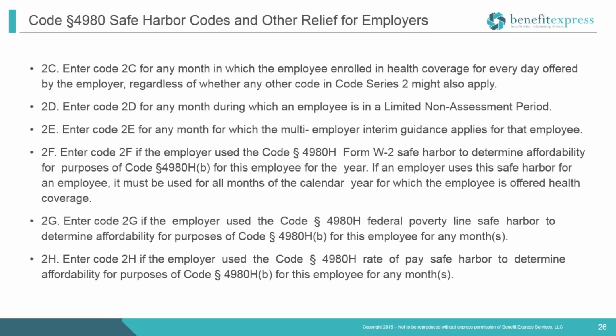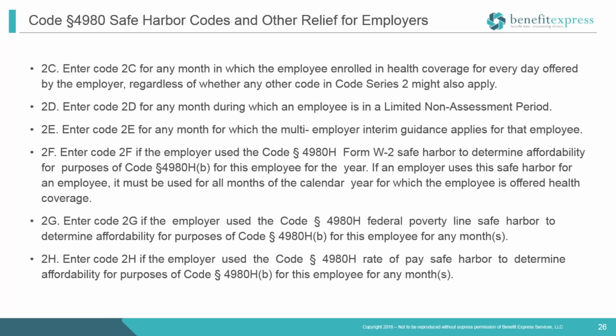Now, if you have any employees that are union and they're covered by a union plan, you have to report that. For any month that you actually pay for them to be in the union plan, you use 2E. Even if they're not participating, you pay into it, you use 2E.